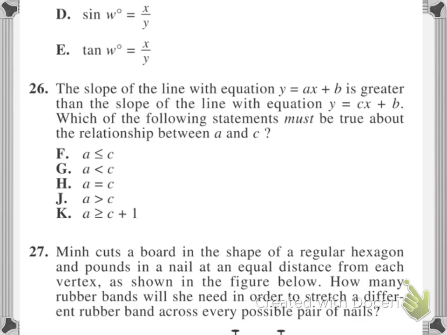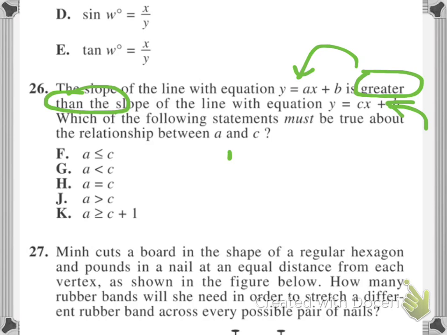This one is a slope of a line problem. It says the slope of the line with equation y equals ax plus b is greater than the slope of the line with the equation y equals cx plus b. This is important. The slope of this one is greater than the slope of this one.